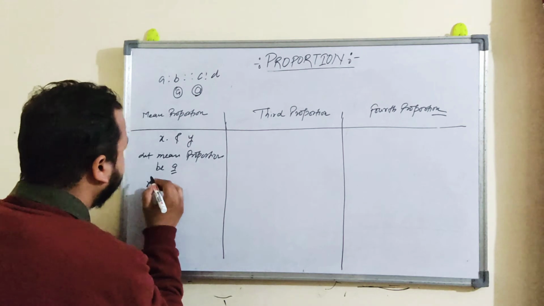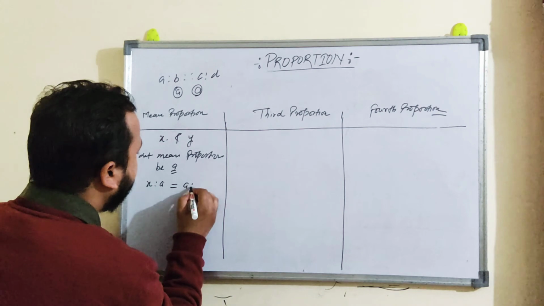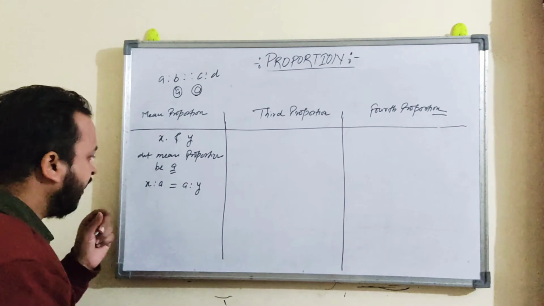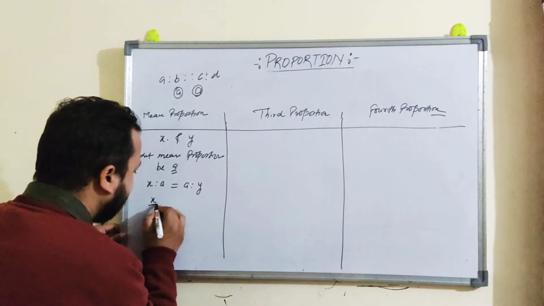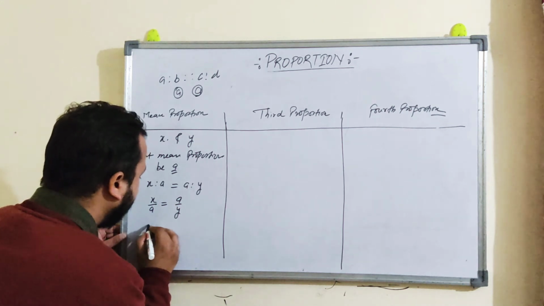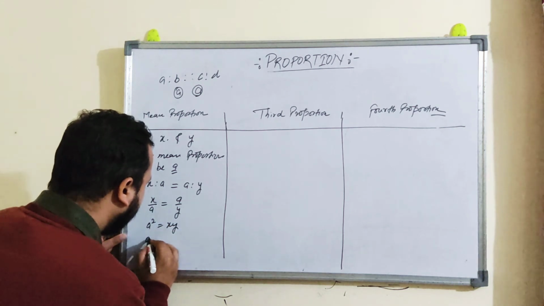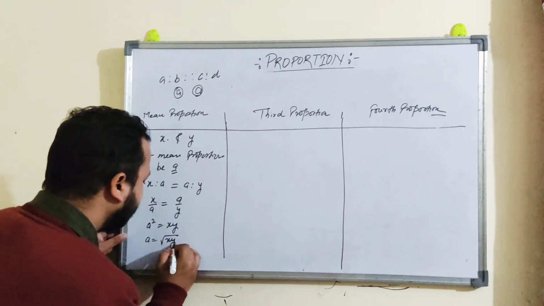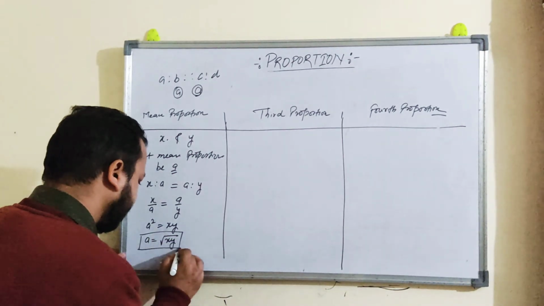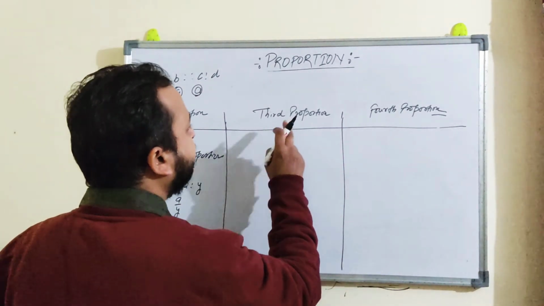So the proportion is x is to A is equal to A is to y, because these two positions are for means. So you can take it as x by A is equal to A by y. If you do the cross multiplication, you will get A square is equal to xy. So A is equal to square root of xy. So this is mean proportion. Now we are talking about third proportion.